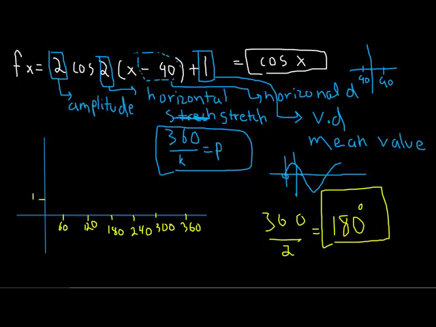So this is 2 pi, 1 pi, half a pi, which is 90, and 1/2 of a pi, which is 270.